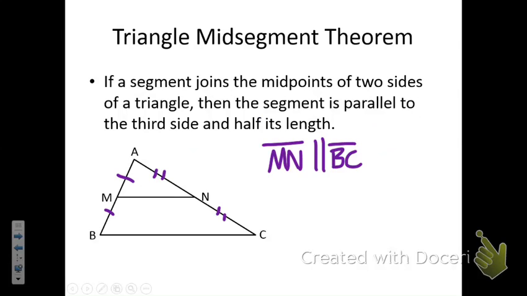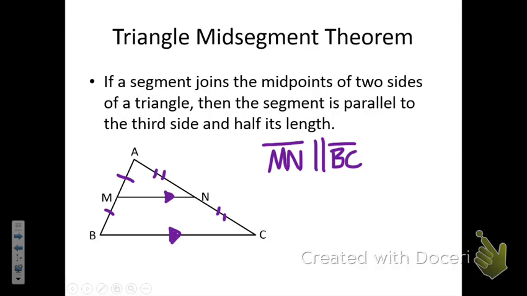Now, how can I show that they're parallel in my picture? What's used to show that I've got parallel segments? Good, my arrows. So I could show in my picture that these are parallel by showing those arrows. Or, if you know that they're parallel and you know they're the midpoints, then you're going to know it's a mid-segment. Now, let's look at the second part. It says that that segment is also half the length of the third side.